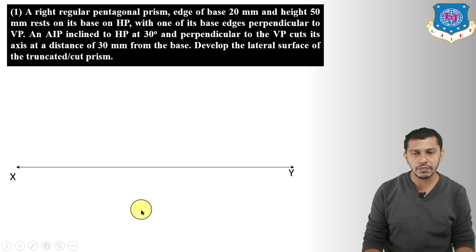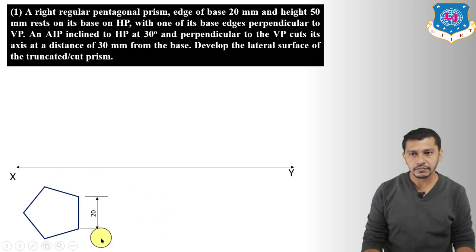So draw a pentagon having side length 20 mm, which will show the top view of its base and the top face. So this will be 1A, 2B, 3C, 4D and 5E. So A, B, C, D, E will be our top view of the base, and 1, 2, 3, 4, 5 will be the top view of the top face.